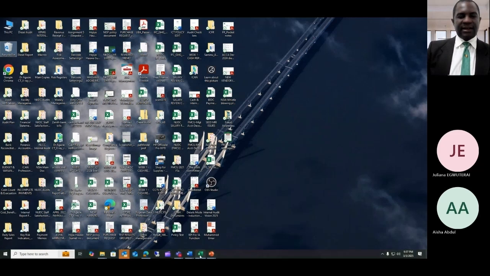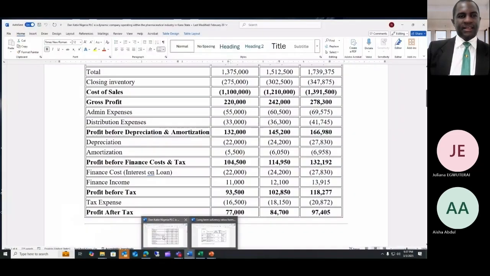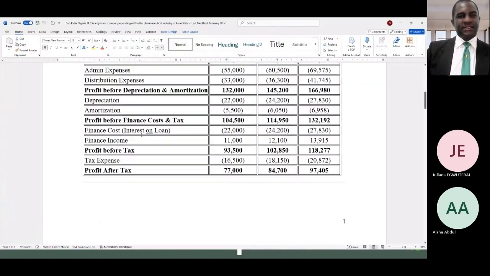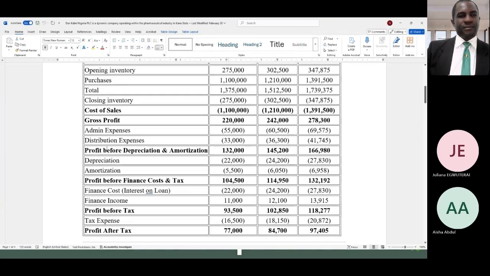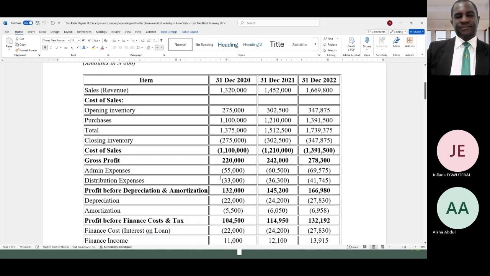So let's quickly look at Dan Kabir and pick the earnings before interest and tax. What is our earnings before interest and tax?